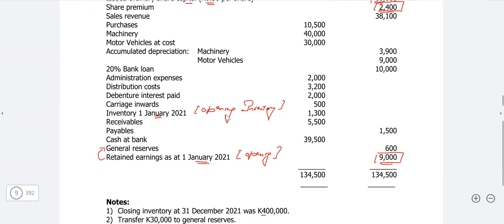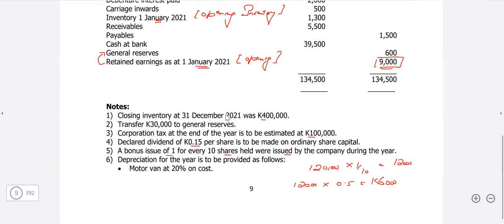The double entry is simply what we are writing here; we are not supposed to write that in the exam. We debit the share premium by 2,400 because we only have 2,400 balance within it. We debit the retained earnings with the remainder, 3,600, because we have 6,000 balance, and the credit goes to the share capital account of 6,000.